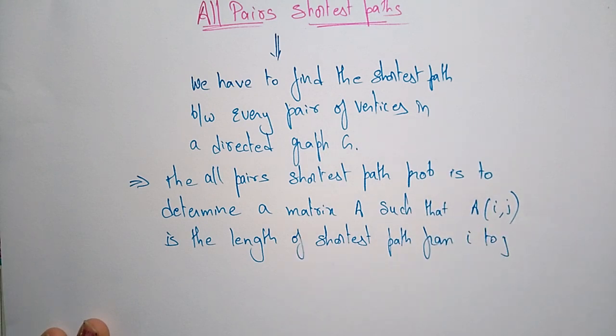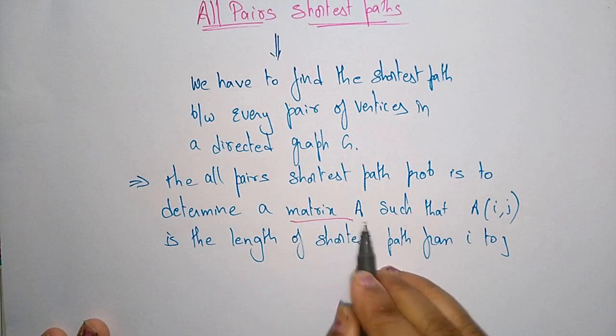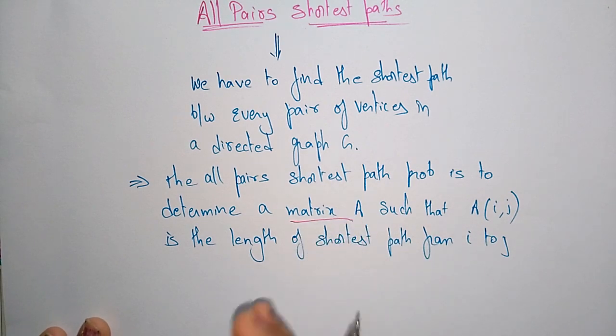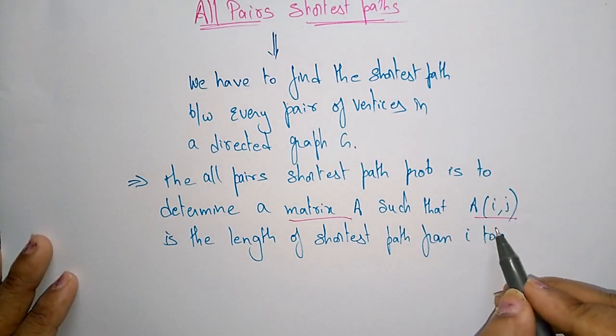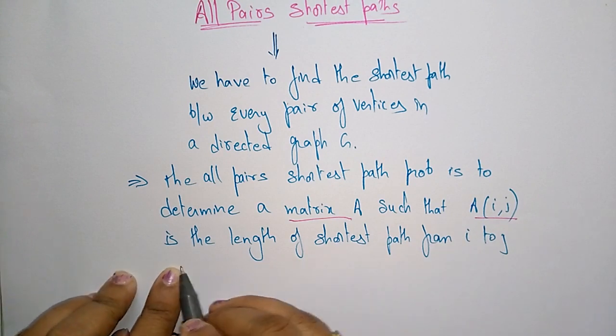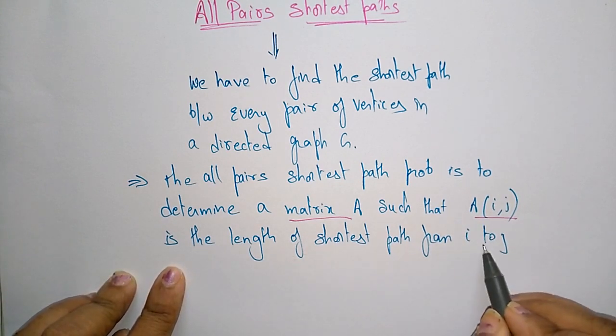So we have to take a matrix, that is a matrix A, consisting of some paths from one vertex to another. So finally we have to find out the A of i comma j length, which indicates the length of shortest path from i to j.